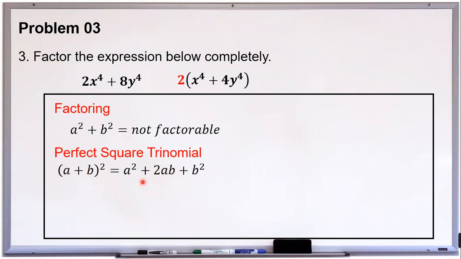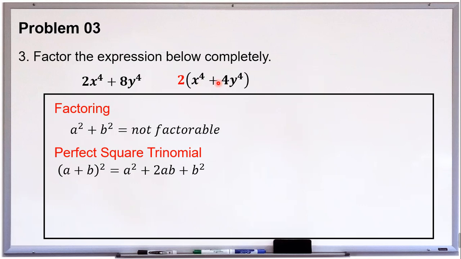Now, we're going to use this concept on our given expression because we all know that x to the fourth is a perfect square. So maybe we can modify this one into a trinomial. The only things given in this expression are the first term and the last term. That is, the middle term is missing.